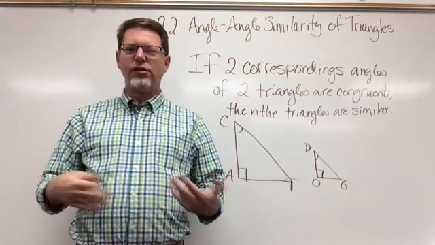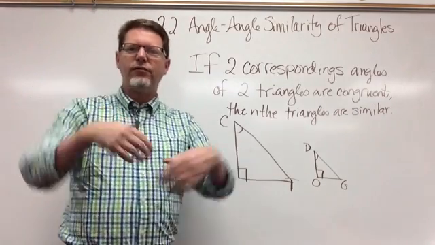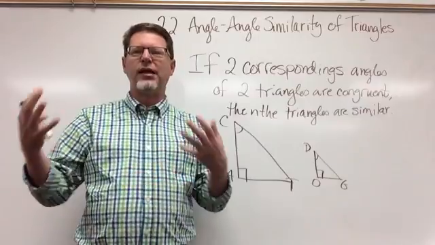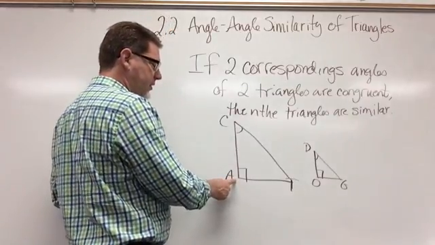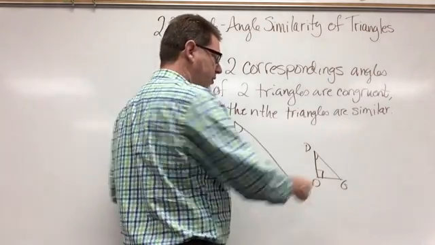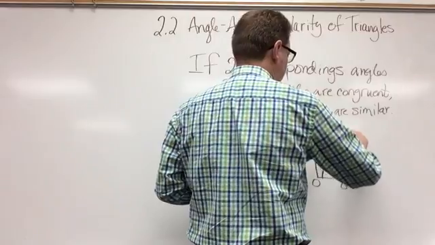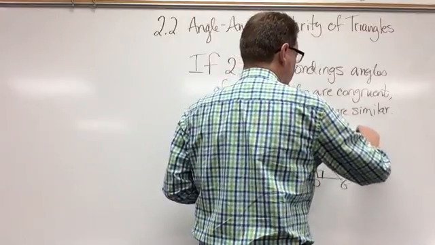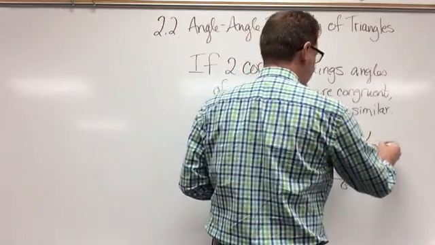Can I prove that these two triangles are similar? Well, let's see. Do we have two sets of corresponding angles that are congruent? Well, in this one, angle A is a 90-degree angle, and in the small triangle, angle O is a 90-degree angle. So we can say that angle A is congruent, that's an equal sign with the squiggly over it, to angle O.